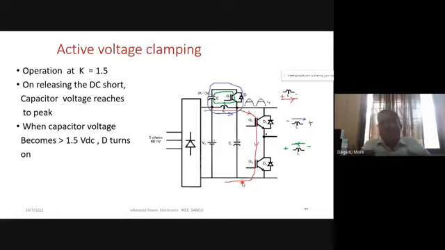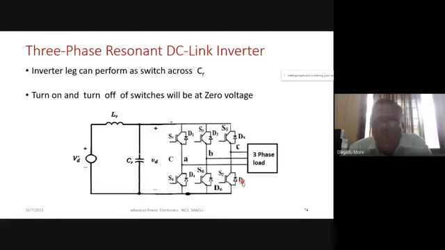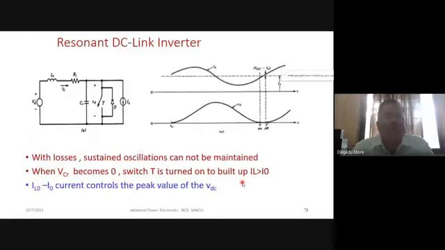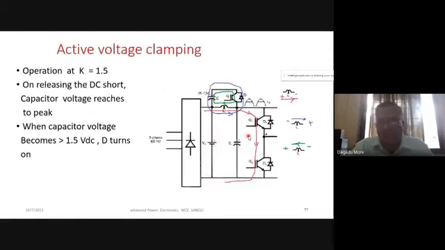It is to start the oscillation. Q1 and Q4 do the job of this switch. We want to start the oscillations, so for the start of oscillations we turn on Q1 and Q4.